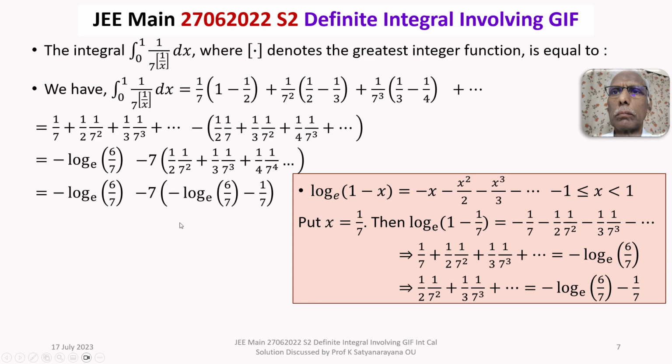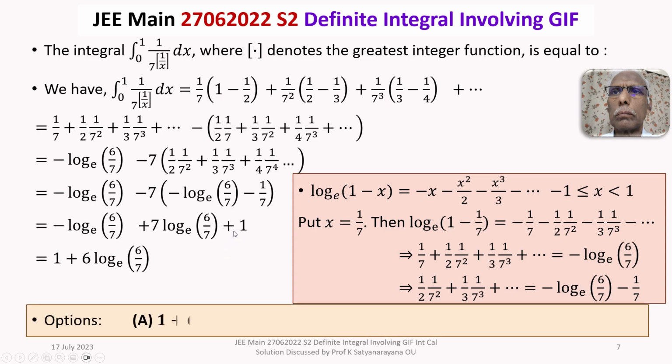Take the minus inside, then you will get minus log of 6 by 7 to the base e plus 7 times log of 6 by 7 to the base e minus 7 plus 7 into 1 by 7, which is plus 1. So it is 1 plus 6 log of 6 by 7 to the base e. That is your answer.